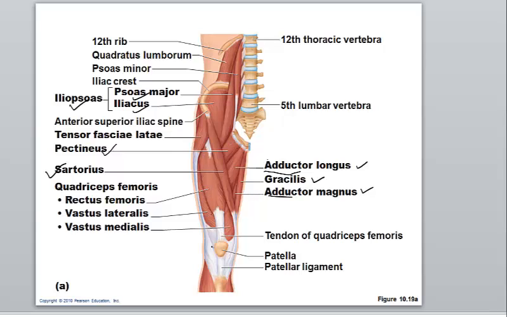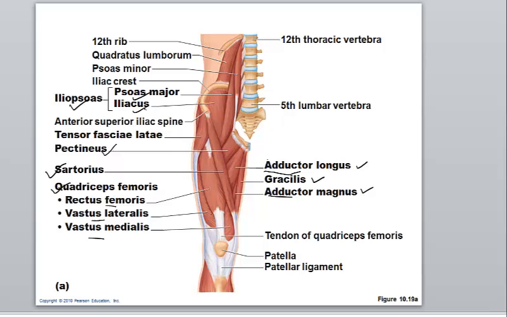Now, if you move on to the anterior part of your thigh, you have your quadriceps femoris, which is made of rectus femoris, vastus lateralis, vastus medialis, and you also have vastus intermedius, which is not seen over here. What is its function? Look at where it is attaching.